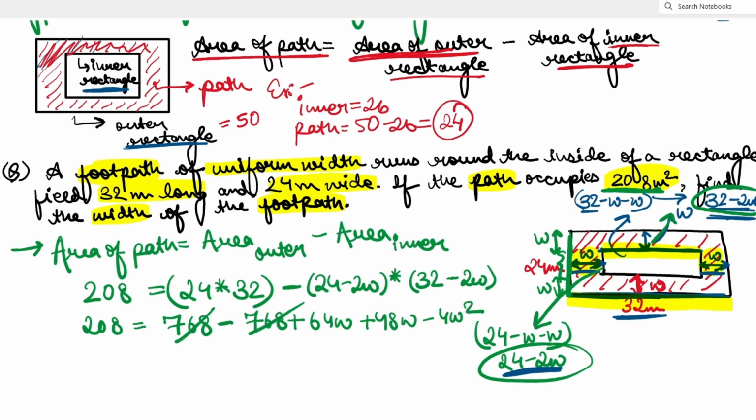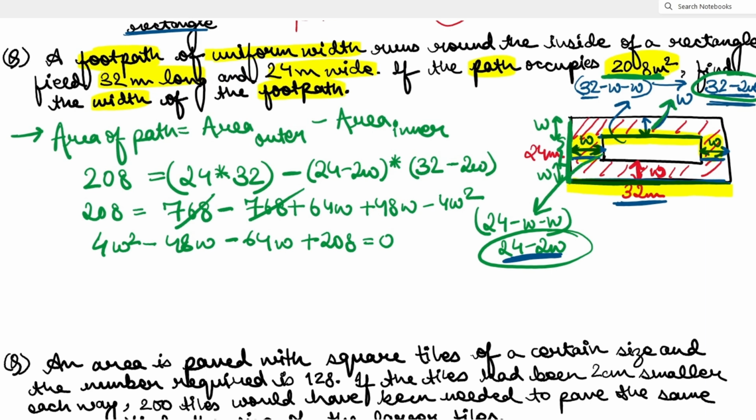Now you're left with 4W square minus 112W plus 208 is equal to 0.